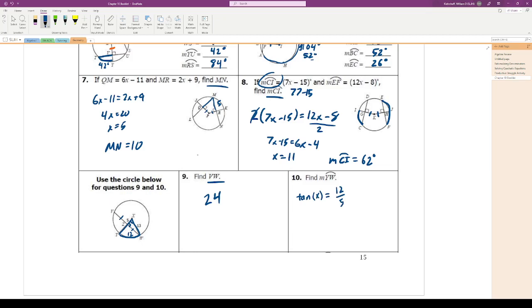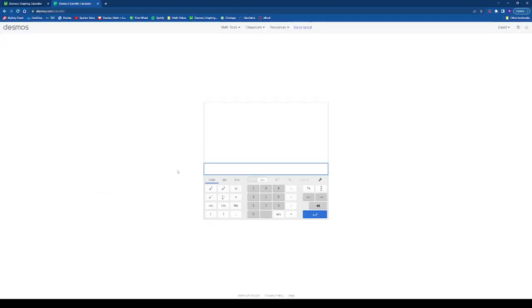And then I would do X is the arctangent of 12 over 5 and plug that in a calculator if we were doing a rounded answer. If you wanted a precise answer, this would be it. If we wanted to round it, we would do the calculator. Let me grab that real quick. Okay, I got my Desmos calculator, and we're going to do arctangent of 12 over 5.